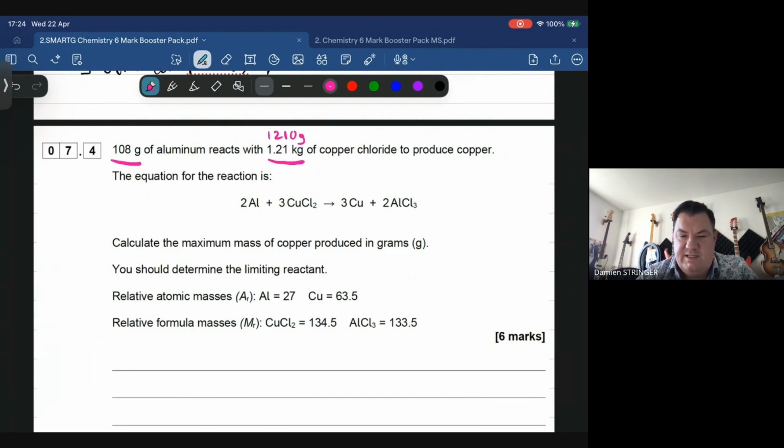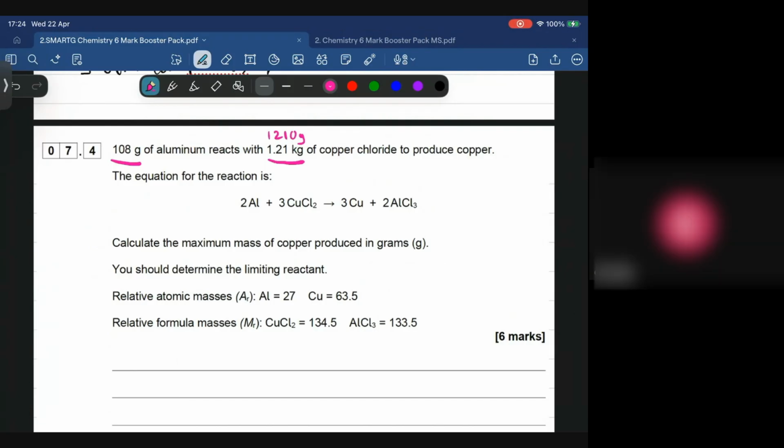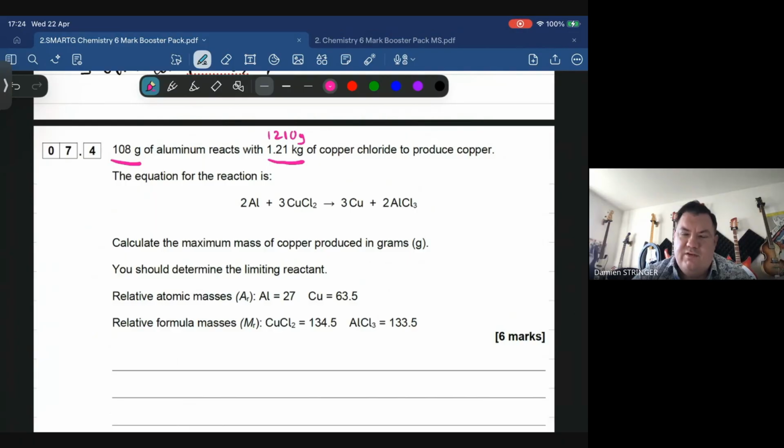The equation is now. Any ideas, Connor, on how we're going to approach calculating the mass of the copper produced? What are you thinking? I'm not too sure on this one either. You know, I've put a thing on TikTok today saying I'm going to do one of these live on there later, and this topic comes up a lot. I think a lot of people struggle with it, so you're not on your own.